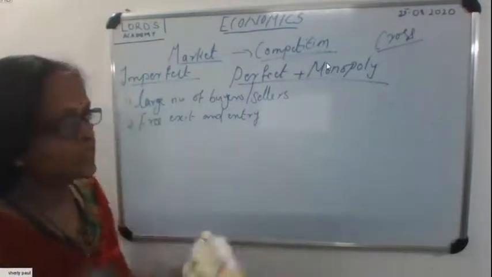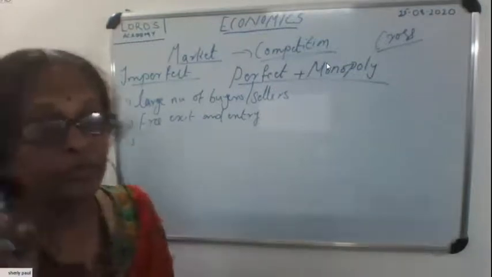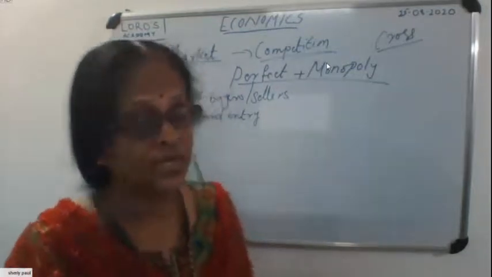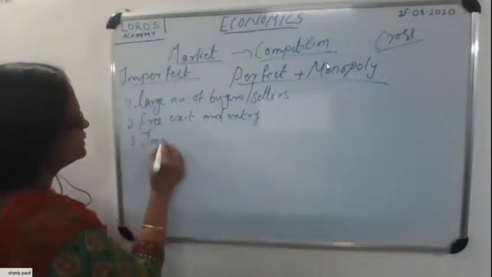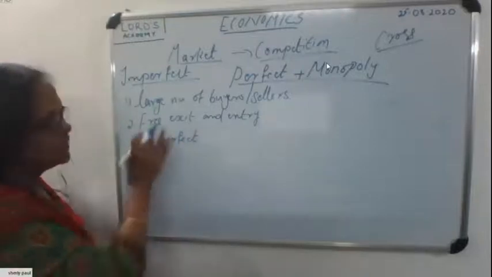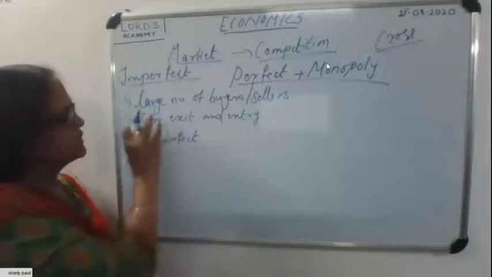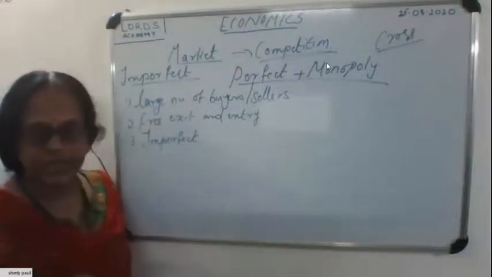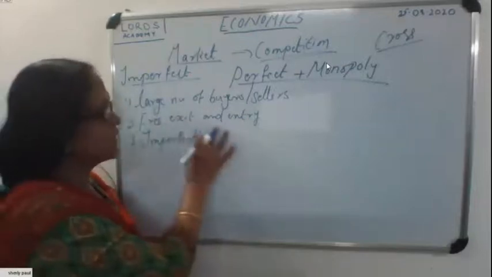Then what is the third characteristic we studied in perfect competition? Perfect knowledge of the market. Here the word itself is imperfect. Here we can see the correct difference. In these two characteristics only you will be confused, because the same titles are there: large number of buyers and sellers, and free entry and exit.